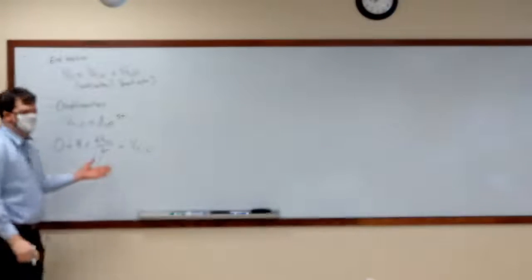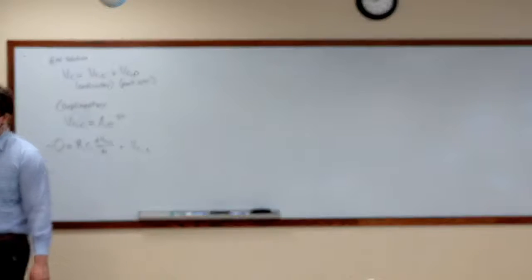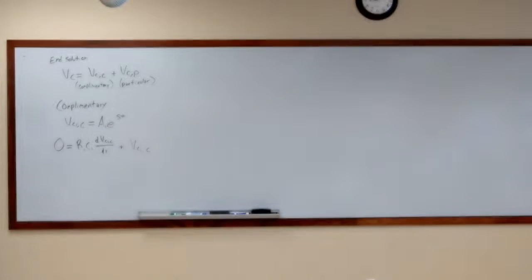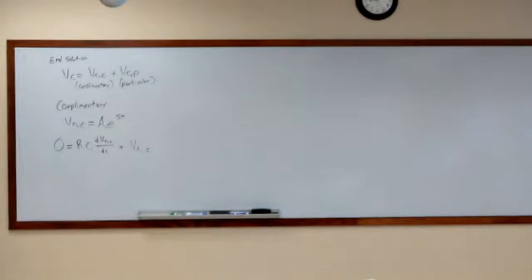I just write the C behind it to make it the complementary piece. All I did was take this equation, replace VC1 with VC1 comma C, and change Vs equal to 0. Okay? I turned it into the homogeneous equation.